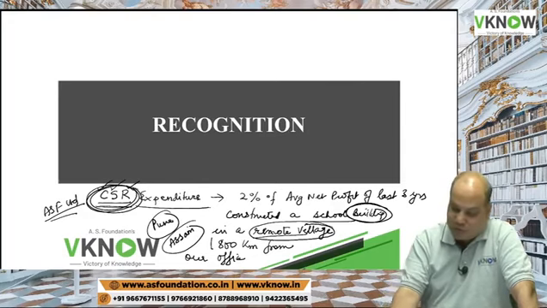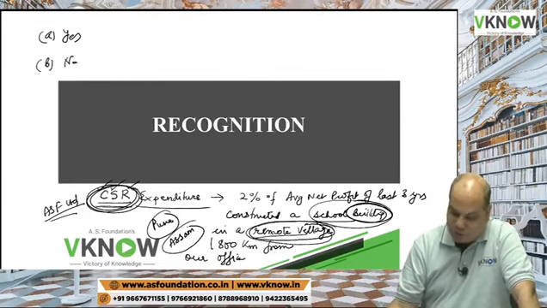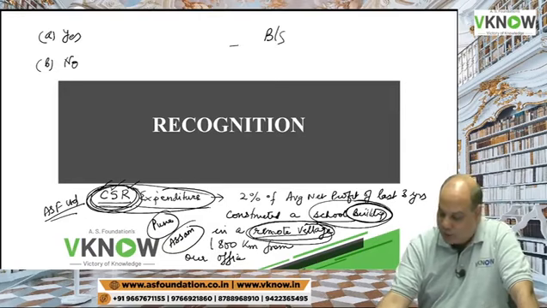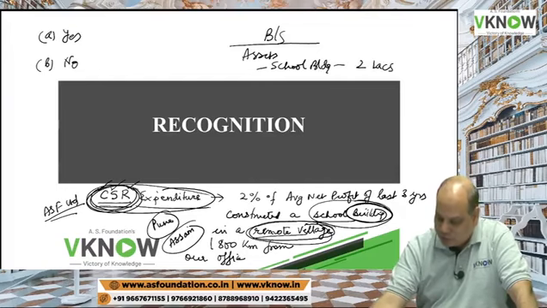Yes or no? Option A, yes. Option B, no. Can the school building constructed in a remote village as a part of our CSR expenditure, can I show in my balance sheet asset side school building constructed 2 lakh rupees, small school?